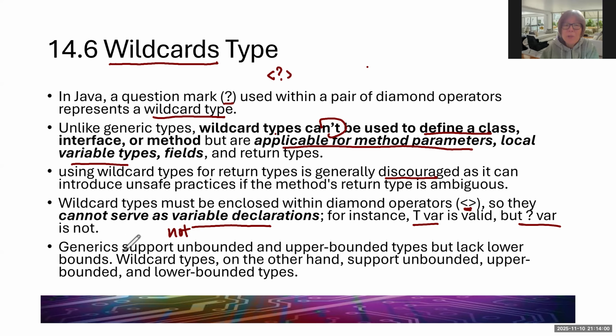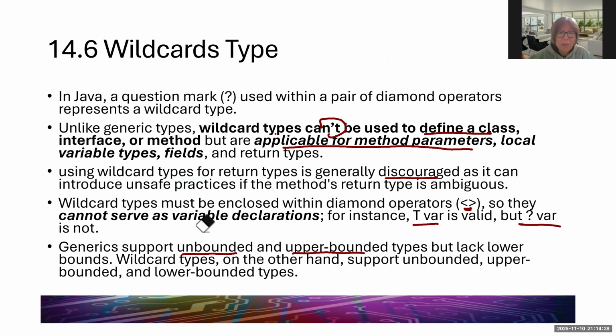Also, for generics we learned they support unbounded and upper bounded. For wildcard type, it's more flexible: it supports unbounded, upper bounded, and also lower bounded. When we study our example, we will understand that better.